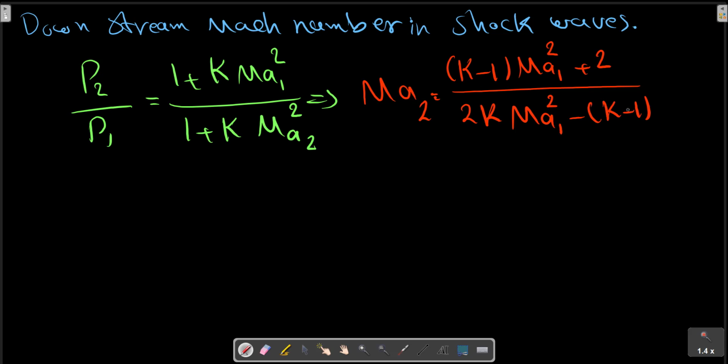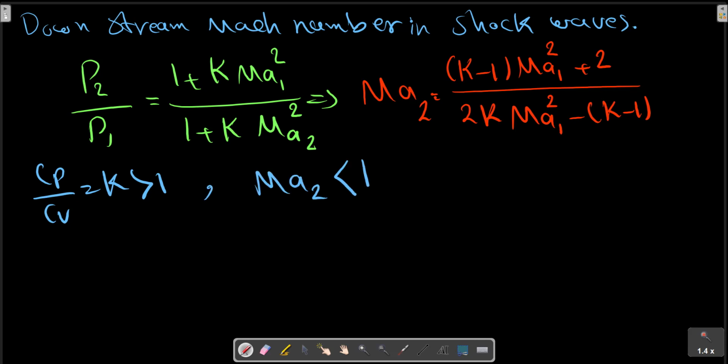Since Ma1 must be supersonic, this equation predicts for all Ma1 greater than 1 that the second Mach number must be subsonic. Thus, a normal shock wave decelerates a flow almost discontinuously from supersonic to subsonic condition.